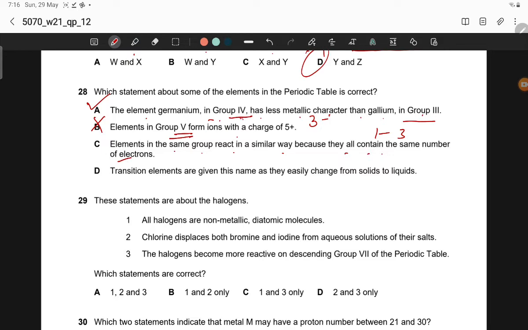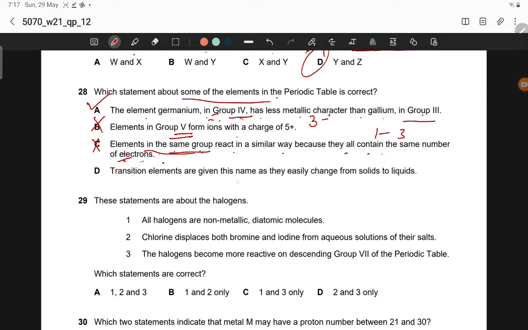No, the same number of electrons in the outer shell. So this is not correct.